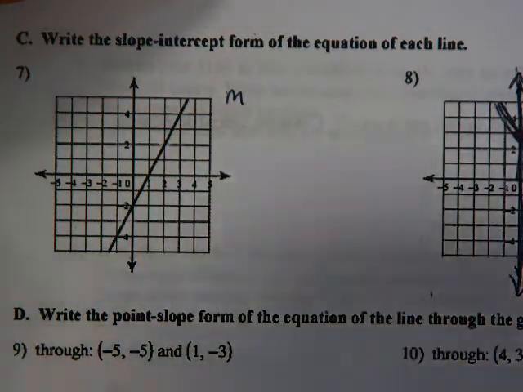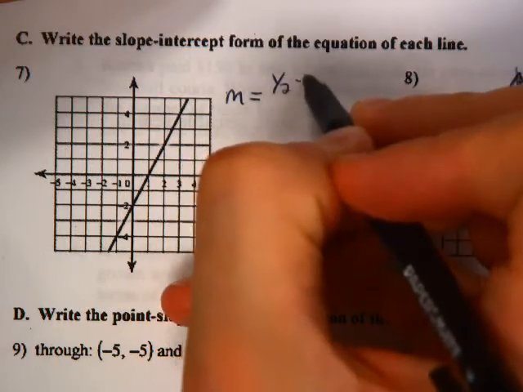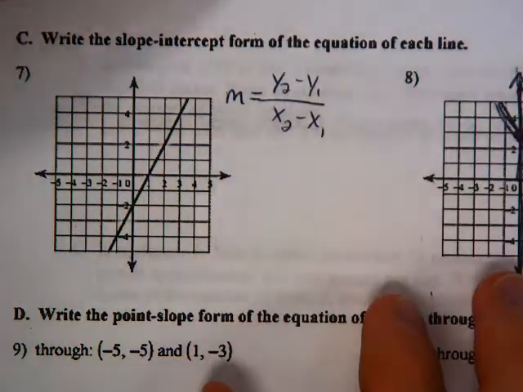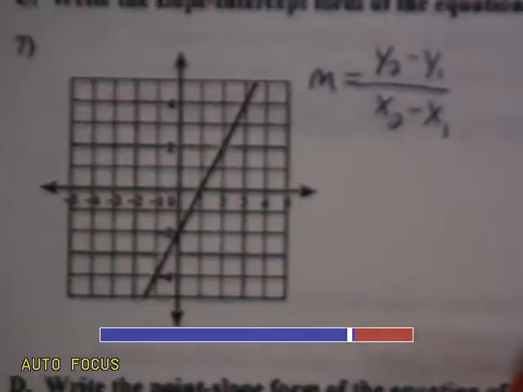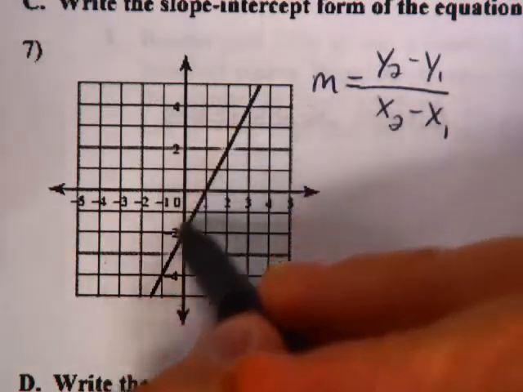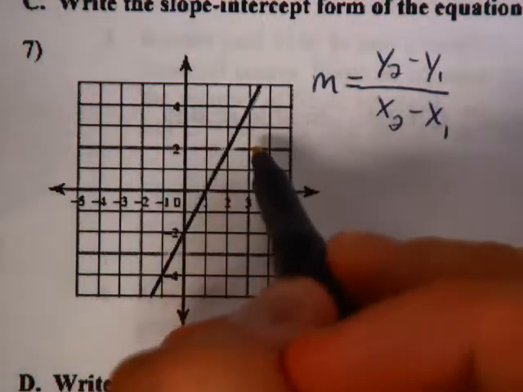We could do it one of two ways. We could use the slope formula, y2 minus y1 over x2 minus x1. And I'm going to zoom in a little bit more so you can see the graph a bit better. This line right here intersects the grid at some nice points.